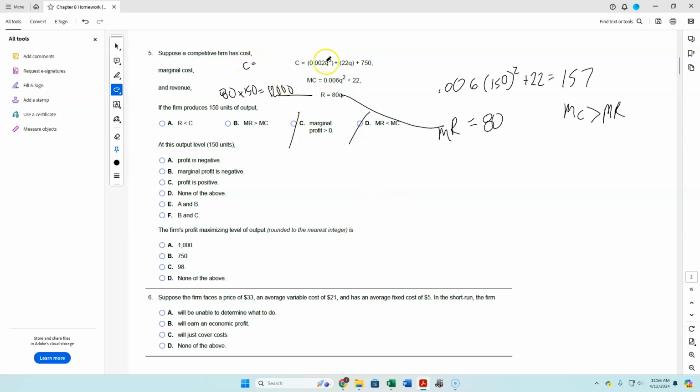And then cost, if I put in 150 there, that would be 150 cubed plus 22 times 150 plus 750 is 10,800.